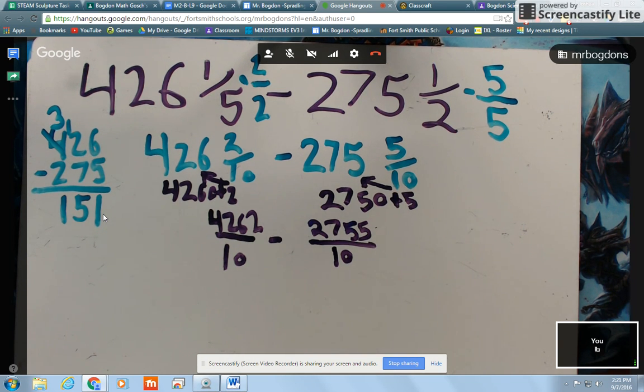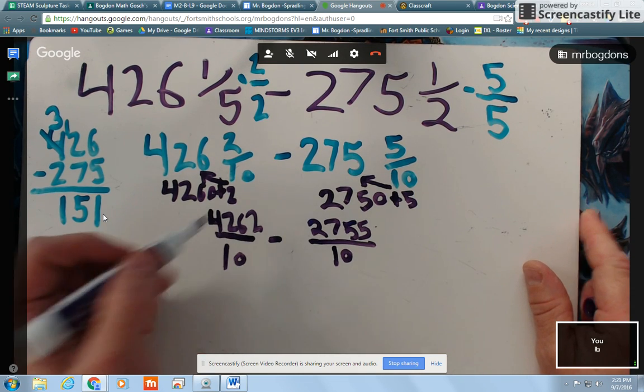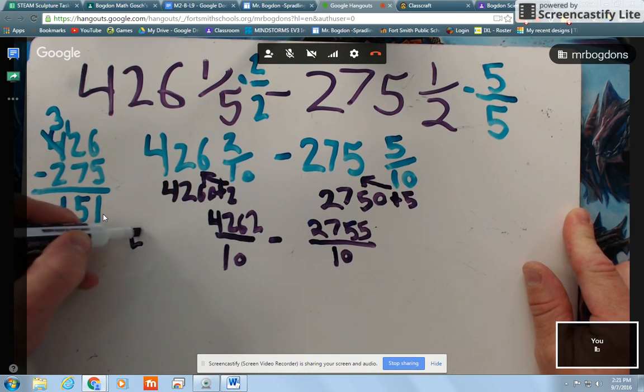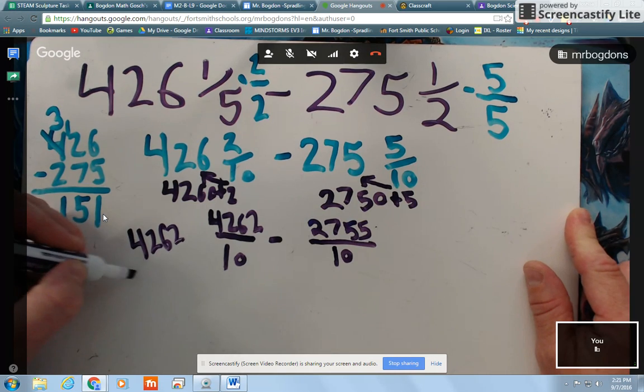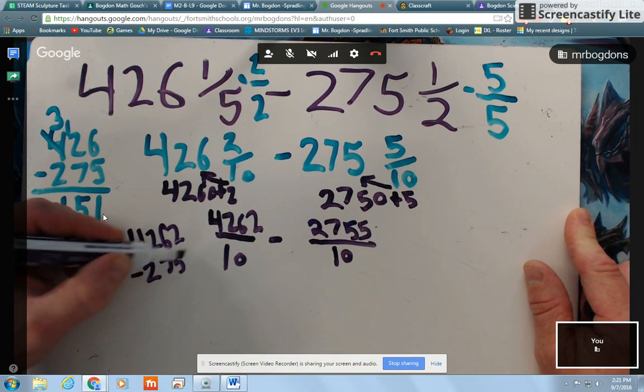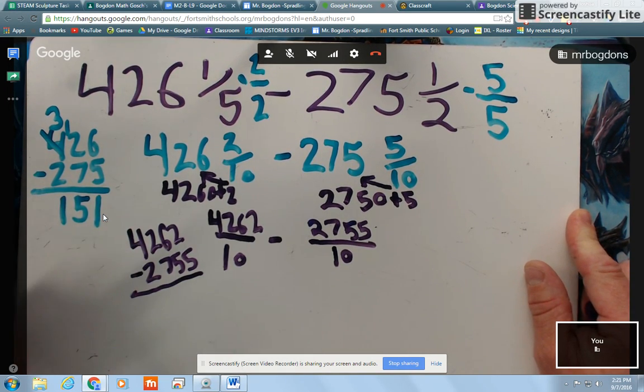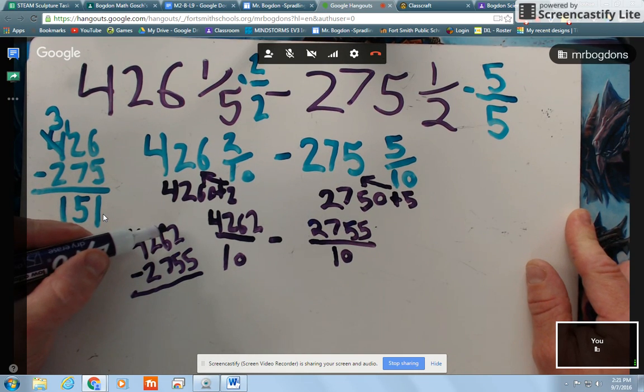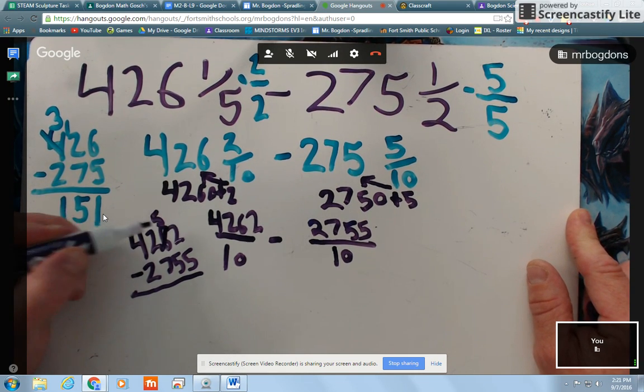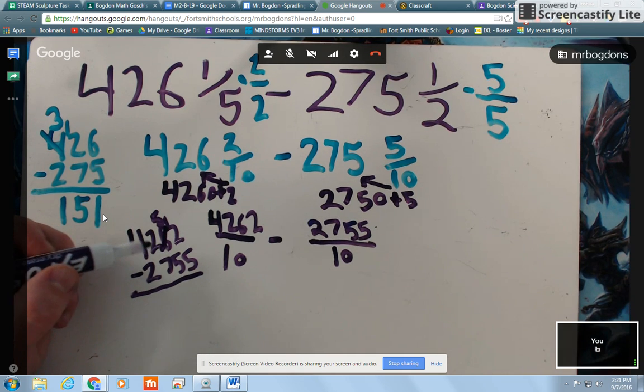Do I have a common denominator? Yes. So now I just find the difference between the numerators. So what is 4,262 minus 2,755? I can't take 5 from 2, right? So that becomes 5, 12. 12 minus 5 is?